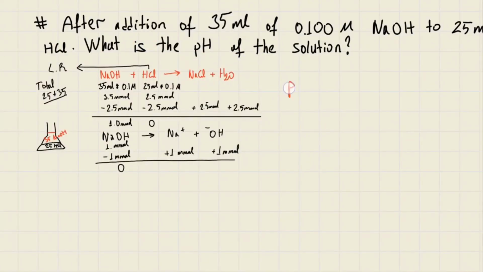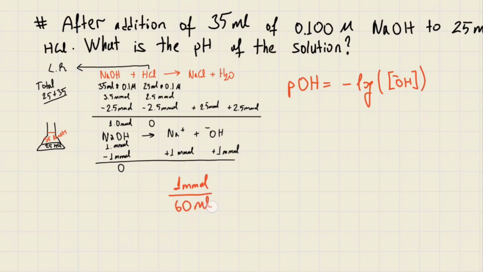As you know, we can calculate the pOH by minus log of the OH minus ion concentration. So the OH minus ion concentration here is 1 millimole over 60 milliliter, since 25 plus 35 is equal to 60 milliliter. So this is the molarity of the OH minus ion concentration.